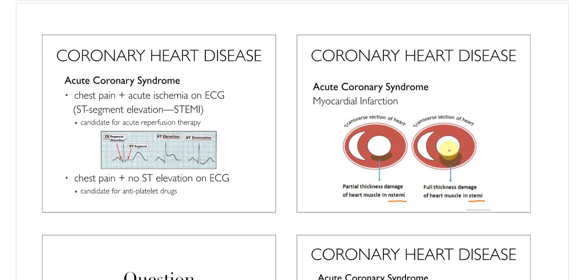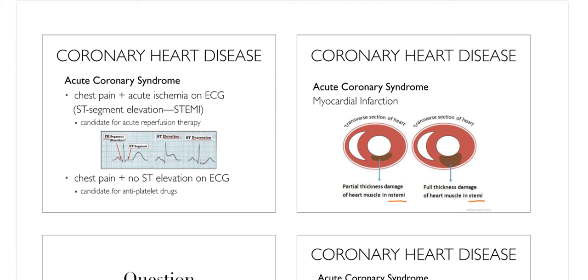On this side, this is going to be a STEMI because, as you can see here, this whole section of cardiac tissue is just dead. This is full thickness death, or at least full thickness damage, of cardiac tissue here. And so that's going to show on an EKG as ST elevation.